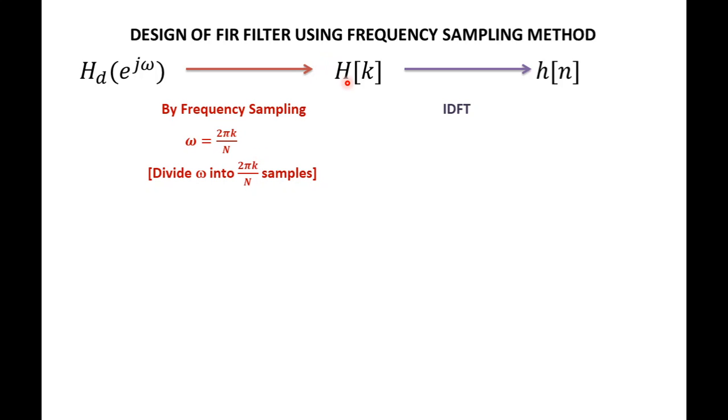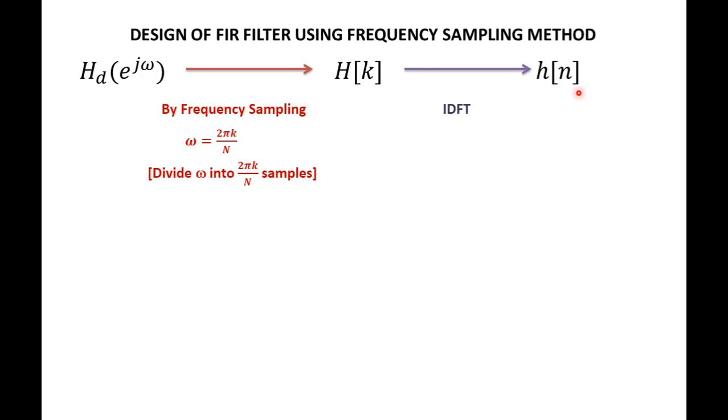So H of k is a sampled version of the frequency response Hd of e power j omega, which is nothing but the DFT. From the DFT, secondly, we proceed to find the inverse DFT, which gives the impulse response of the filter. From the impulse response, we can easily identify the filter coefficients of this filter.